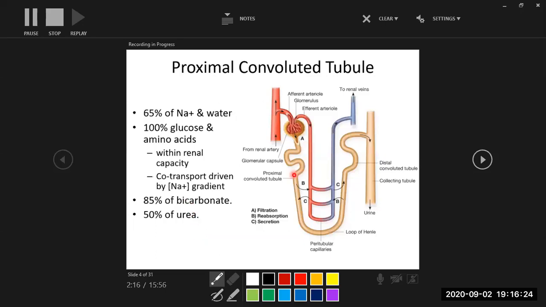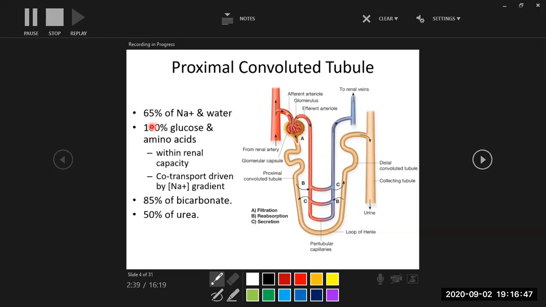So in the proximal convoluted tubule, it's about 2/3. Some say 65, some say 70. So roughly 2/3 of the salts and the water going through here are reabsorbed back to our body. So that's the first thing.